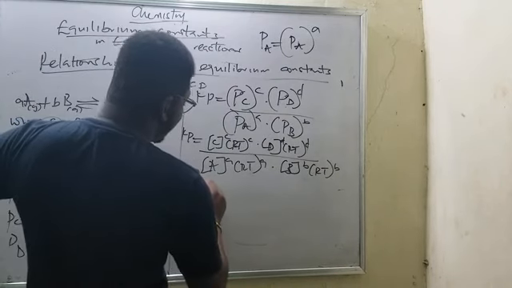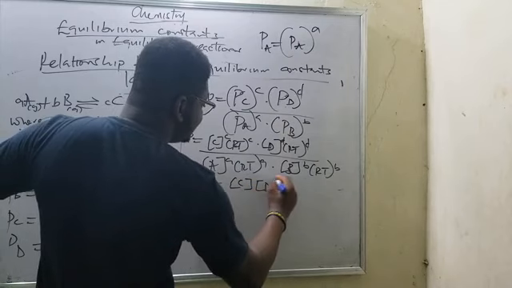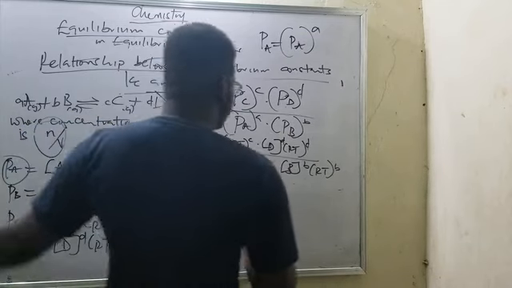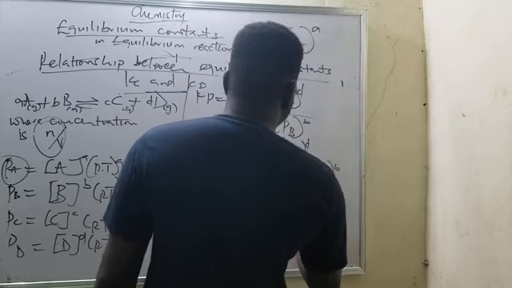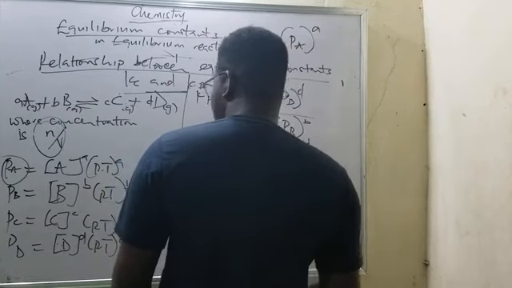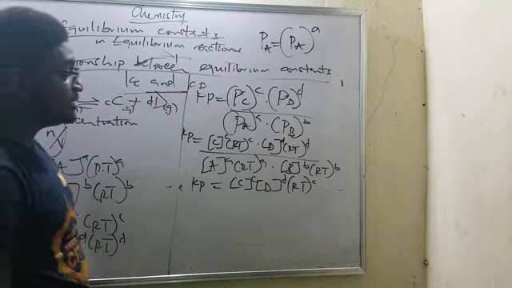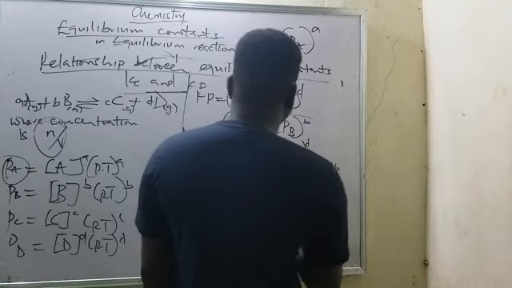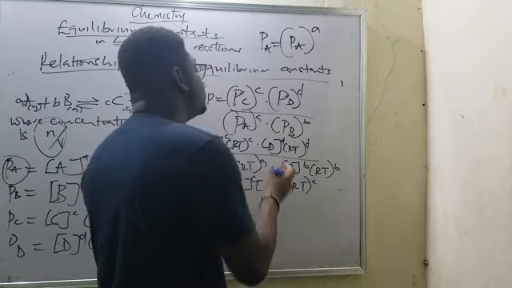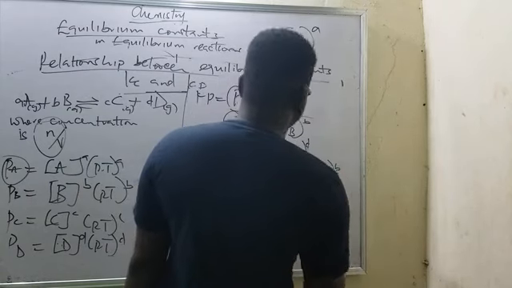So we are going to collect like terms here. We'll be having our Kp to be equals to concentration of C and D, RT. From the laws of indices, when we have the same base, what do we do? We add the power. We have the multiplication sign also, which is I think the first or second law of indices.